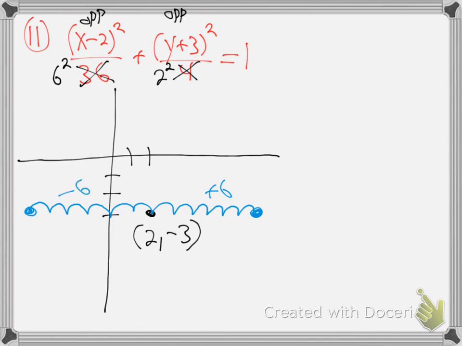So I went right 6, left 6. Is that making sense? And then whatever's underneath y, that's up, down. So up 2, down 2. And we got our oval.